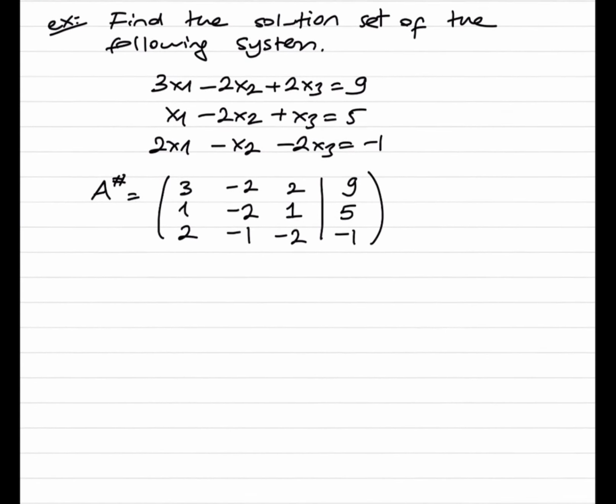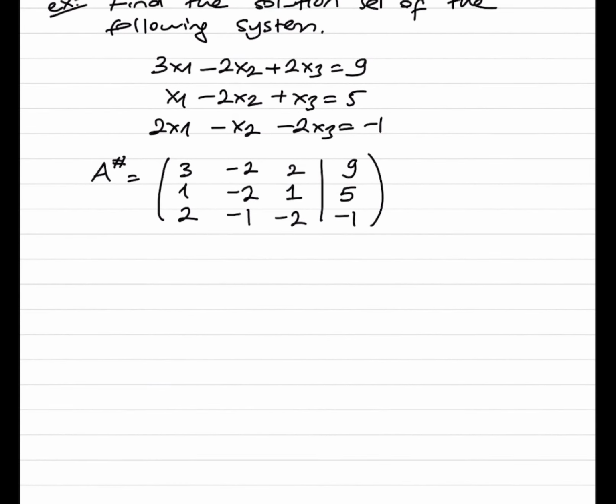Okay, then how do we find the row echelon form of this matrix? If you remember, what we are going to do is always arrange this leading term to be 1. You can divide by 3, but we will have minus 2 over 3 here, so we don't want to deal with the rationals.